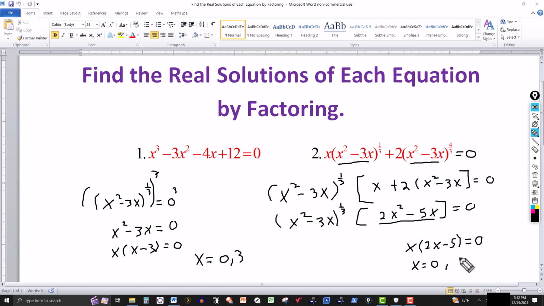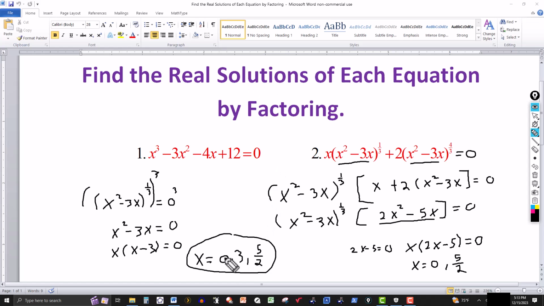And then 2x minus 5 could be 0. Add 5 to both sides and then divide by 2. That gives me that x could be 5/2. So all I'll do is add the 5/2 to the other solutions. So the complete solution to this one is that x could be 0, x could be 3, or x could be 5/2. Those are the solutions that satisfy the equation.